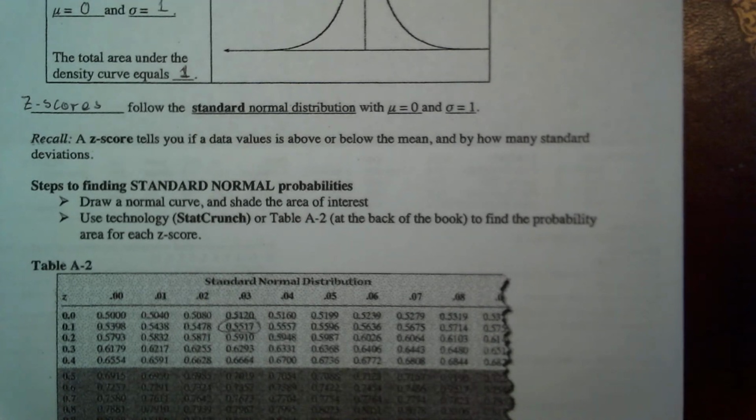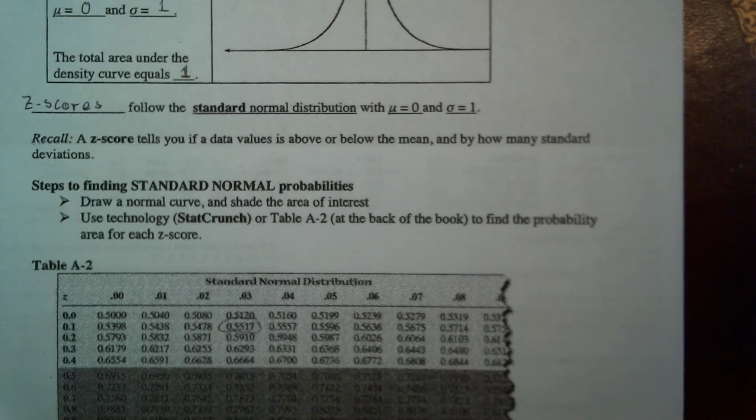So here's 0.13, and the area to the left would be equal to 0.5517. 0.5517, and that is the probability associated with a z-score.